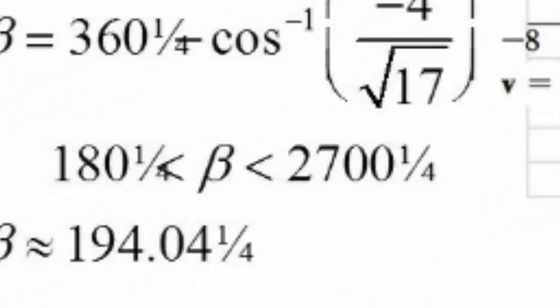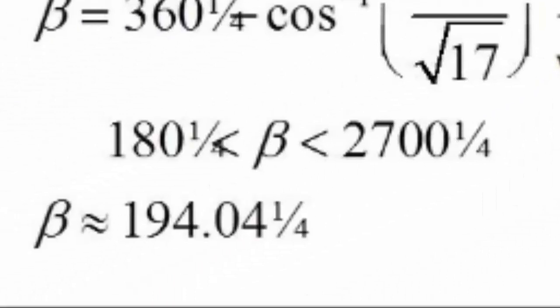So we can add the 14.036 to 180 degrees, and we get 194.04 degrees for beta.